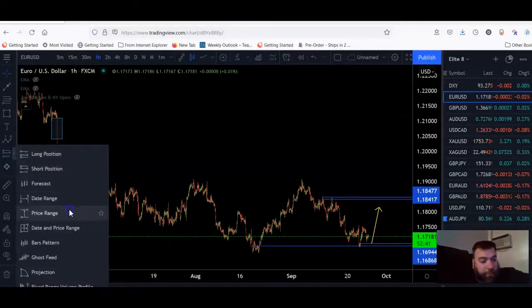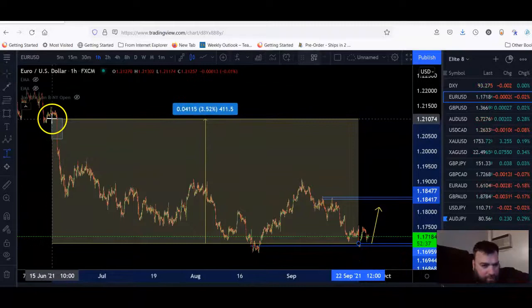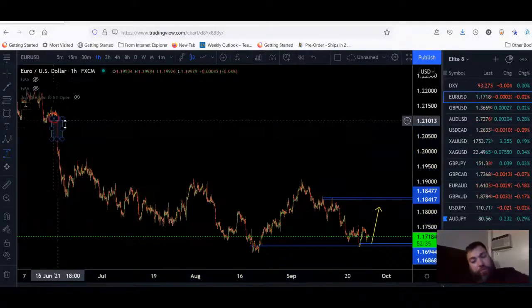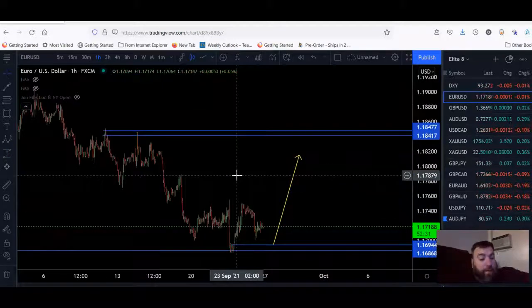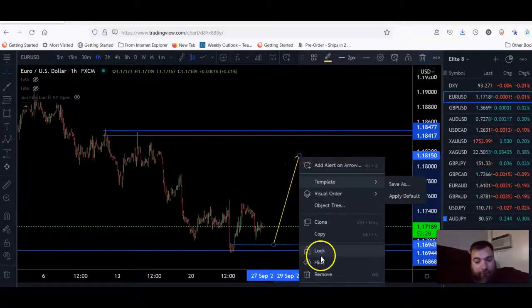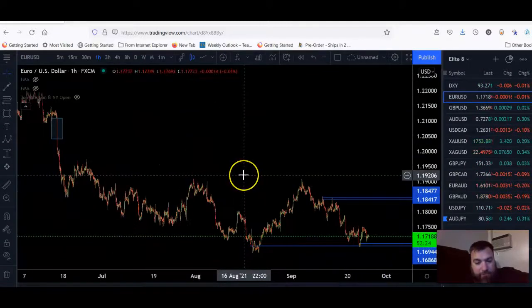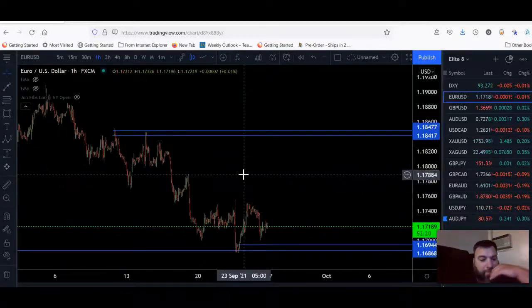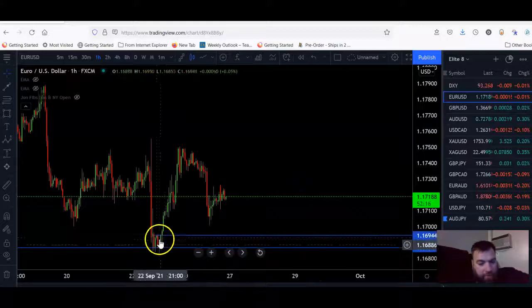That's what I want to happen. It's not guaranteed, but from here to here, to fill in this imbalance, it's 400 pips. So that's a nice move. We'll see what happens. But I think this is a good possibility right here.